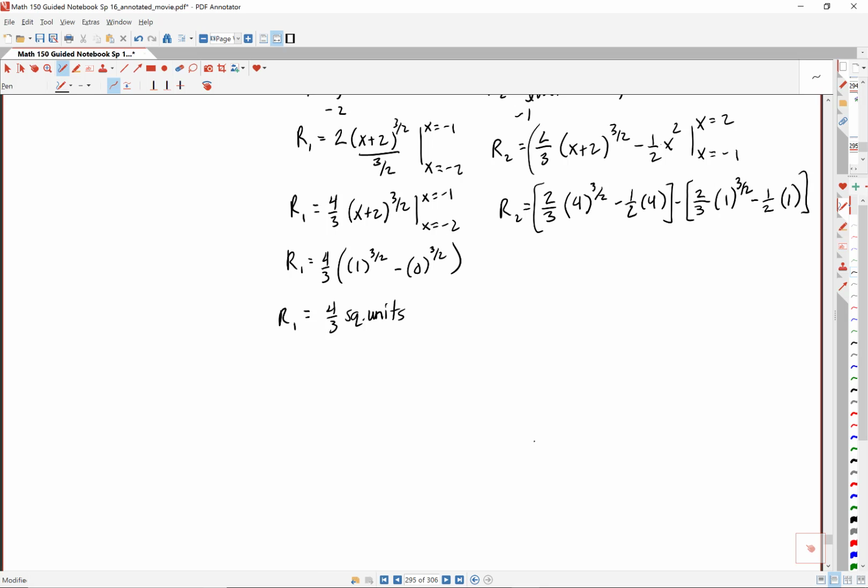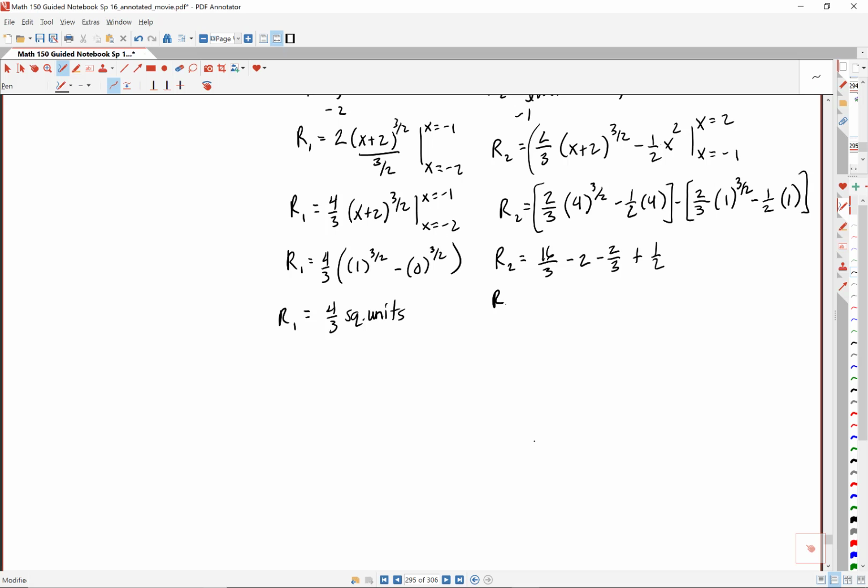And so this will give us, R2 is, we'll have 2/3, square root of 4 is 2, and if I cube that, I'll get an 8. So 2/3 times 8 is 16/3 minus 2 minus 2/3, and minus a minus is a plus 1/2.